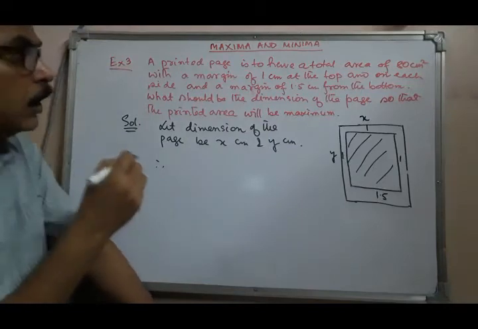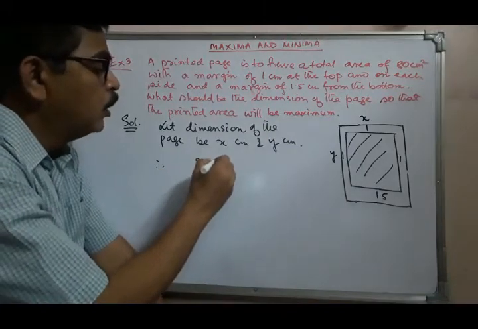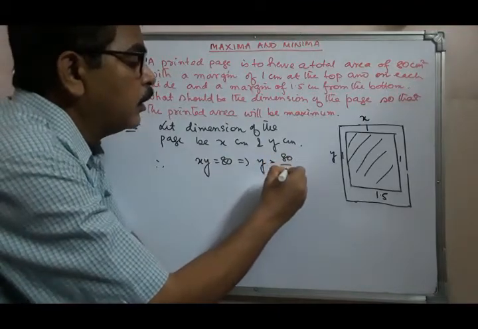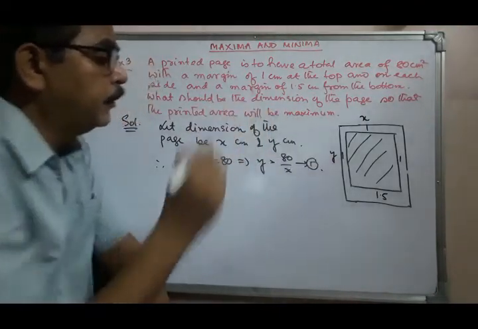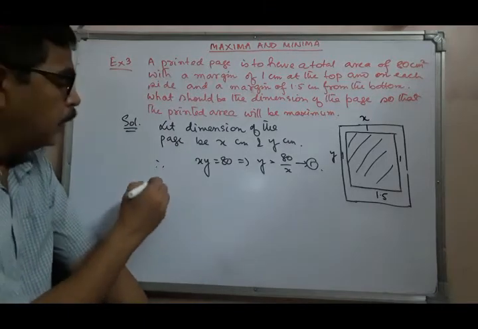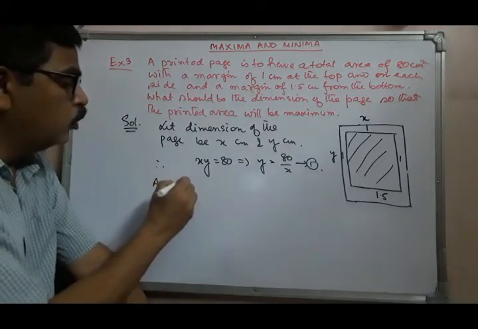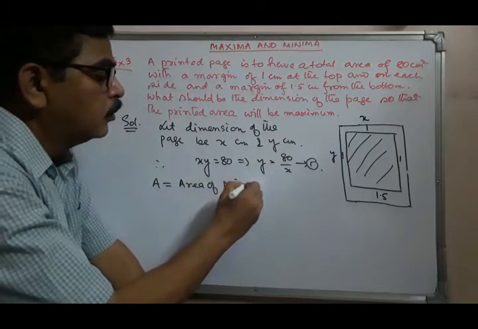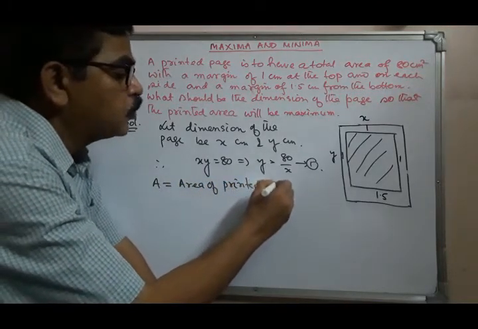Therefore, the given relation xy equal to 80 implies y equal to 80 by x. Number 1. Now the measurement of the printed area: let A equal to the area of the printed portion.